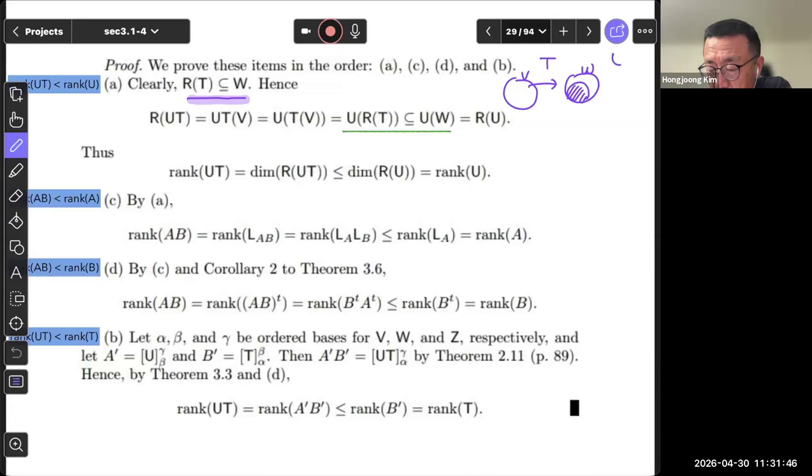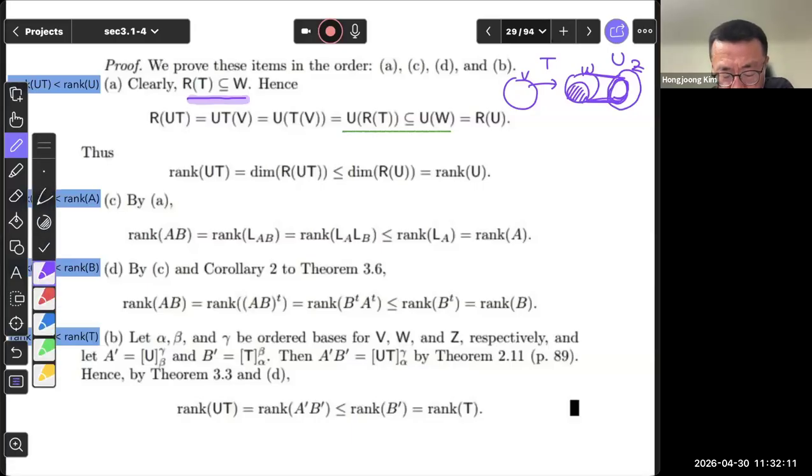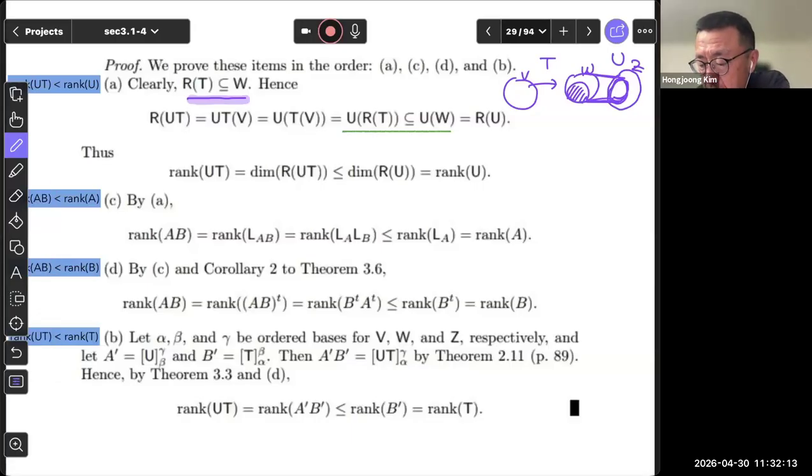And U maps W to Z. So here is the Z space, and the range of U will be here. That's the image of the whole W space. And if I consider the range of T, that will be contained here, right?